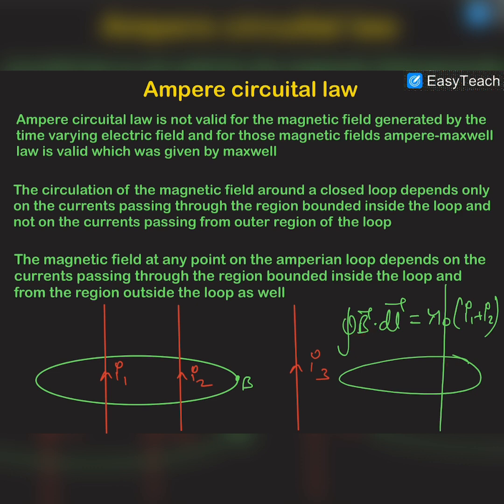So I think you have got the point that we cannot find the magnetic field by using Ampere circuital law for asymmetric current distributions, but this doesn't mean that Ampere circuital law is invalid for asymmetric current distributions. It is equally valid, but we cannot find out the magnetic field by using this law for asymmetric current distributions.